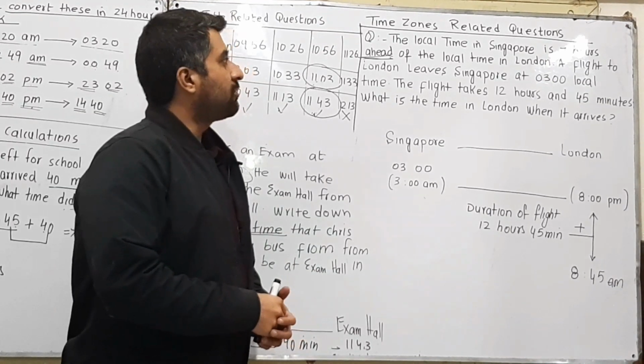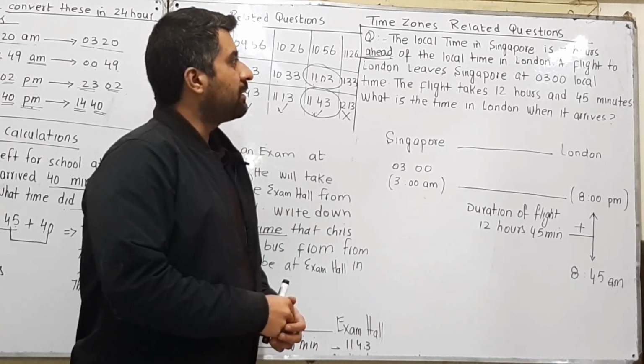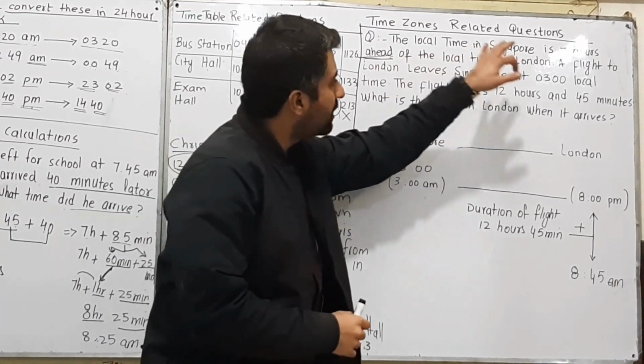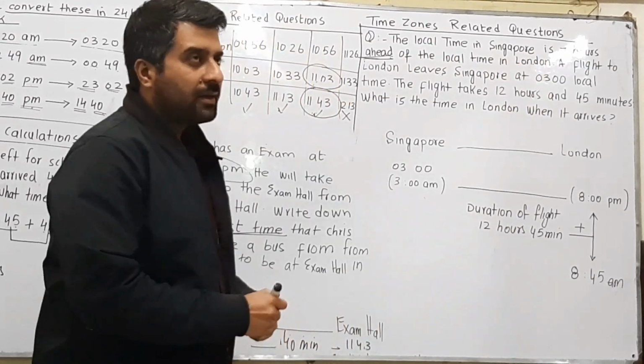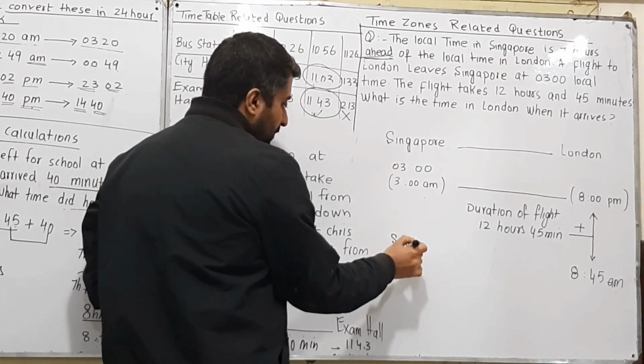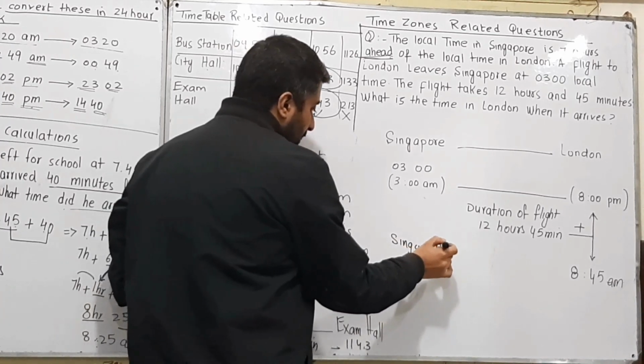We have a question from time zones. The local time in Singapore is 7 hours ahead of local time in London. So Singapore and London.